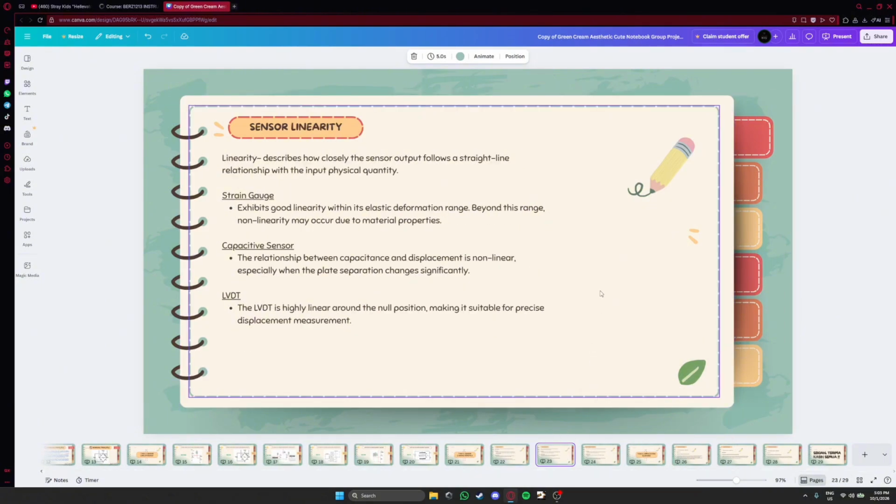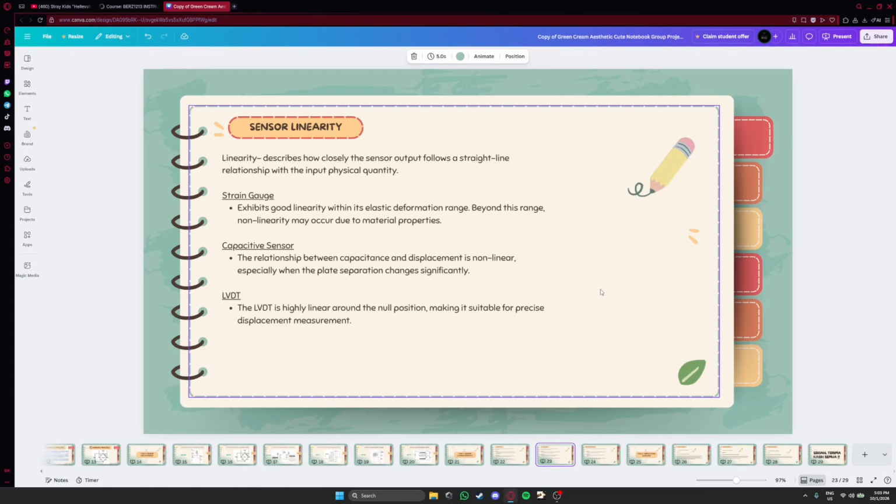Next is the linearity part. What is linearity? It describes how closely the sensor output follows a straight line relationship with the input physical quantity. The strain gauge exhibits good linearity within its elastic deformation range. Beyond this range, non-linearity may occur due to material properties.